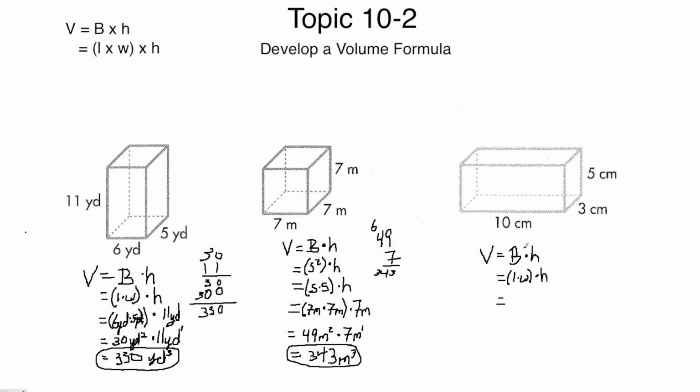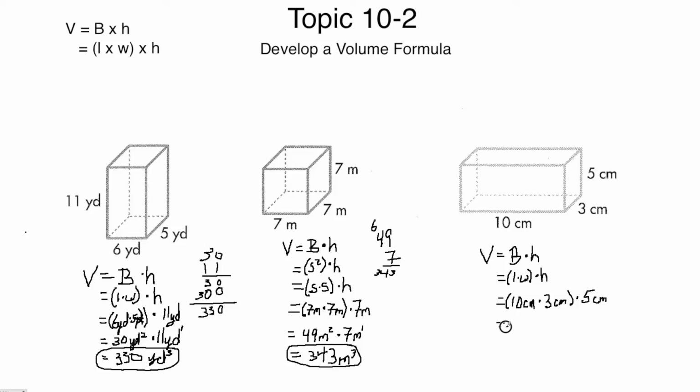So now we plug. I usually use the bottom, even though base area does not mean bottom. So I'm going to plug in 10 centimeters as my length, and I'm going to multiply it by the width, which is 3 centimeters, and times it by the third dimension, which is the height, which is 5 centimeters.